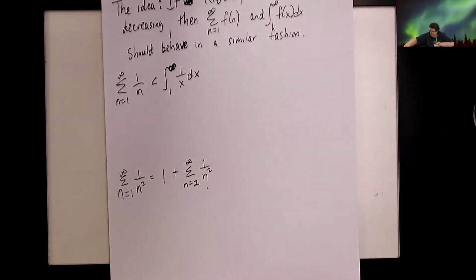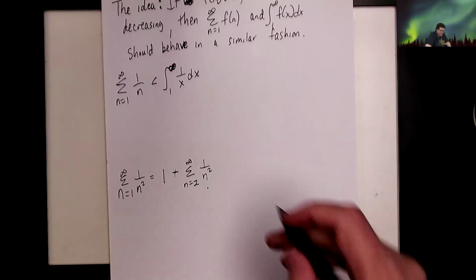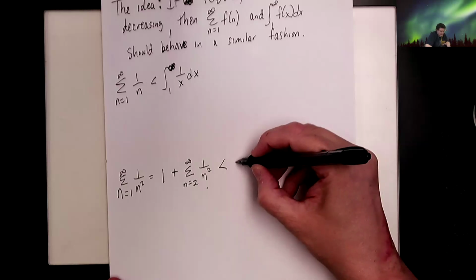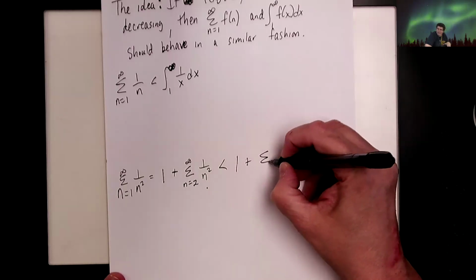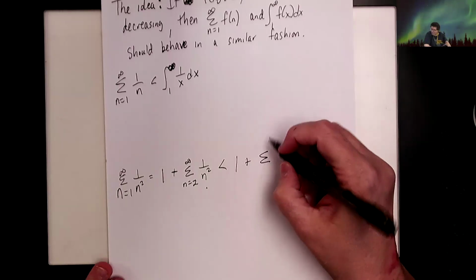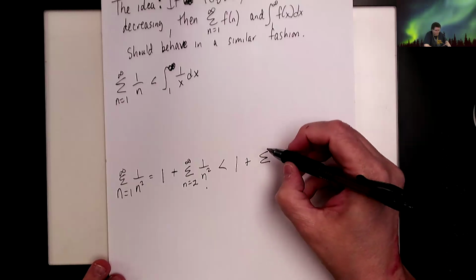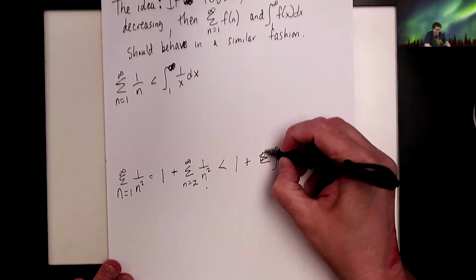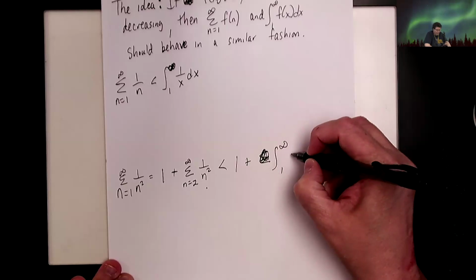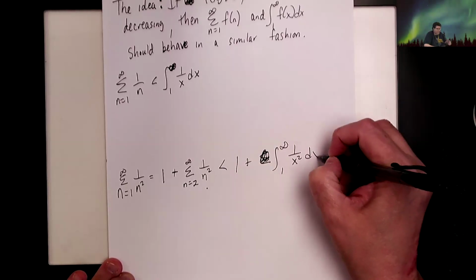Why do I have less than? Let me look at that screen again. Yeah, this was less than the integral. This is less than 1 plus the integral from 1 to infinity of 1 over x squared dx.